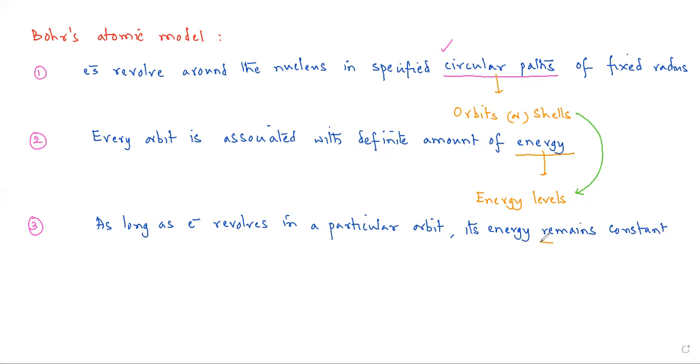Energy remains constant means it neither absorbs energy nor emits energy. Neither absorbs nor emits as long as it is revolving in a particular orbit.